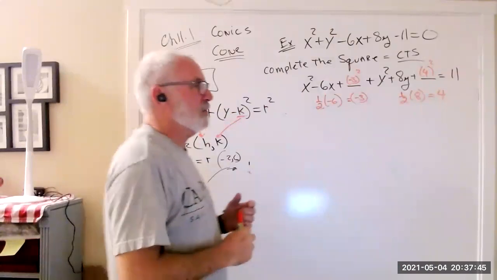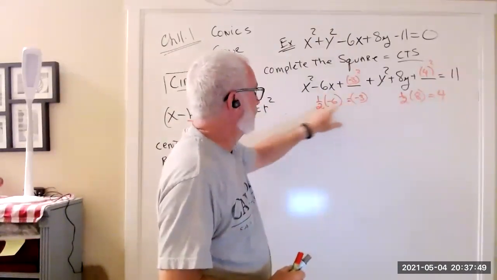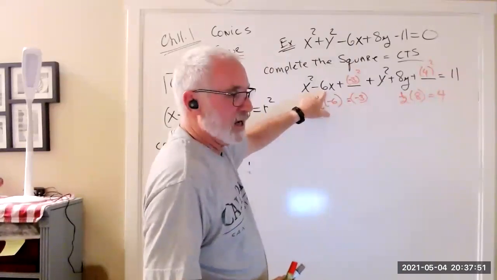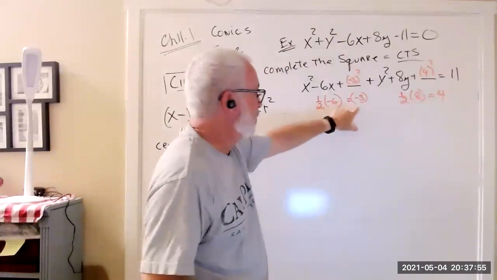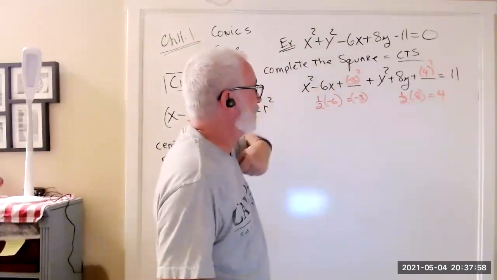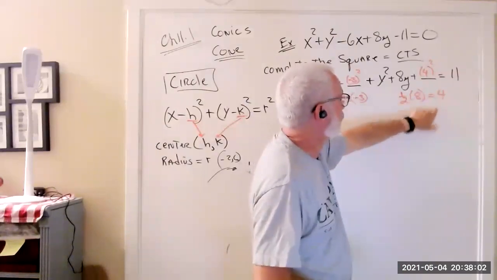Now, I'm hoping some of you maybe remember finding this magic number. It's half of the x value, or the b value. Half of b, squared, is the magic number that's needed. Half of the 8 is 4, squared.